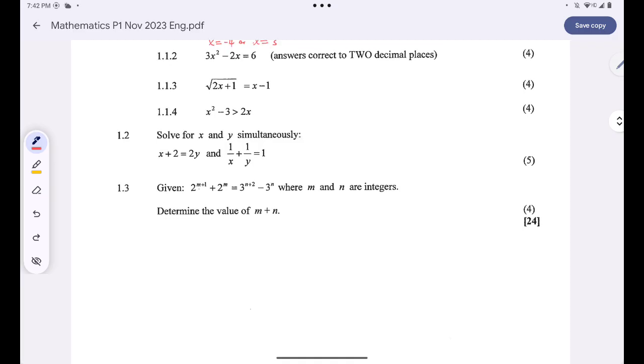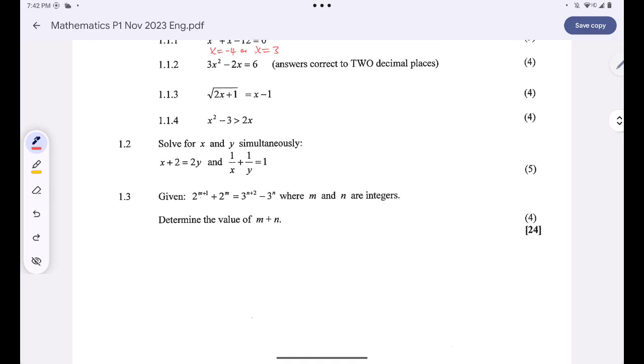Okay, and then 1.1.2, I'm supposed to solve x and leave my answer into two decimal places. Whenever guys you come across this statement in question 1, just know that you must always use your quadratic equation. Alright, together. But before you use a quadratic equation, please make sure that the given equation is in standard form.